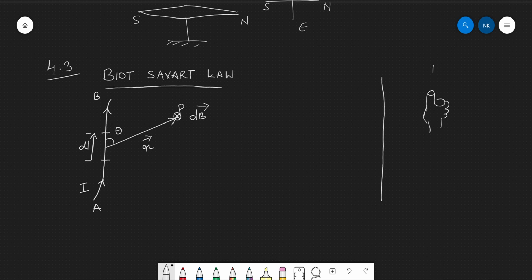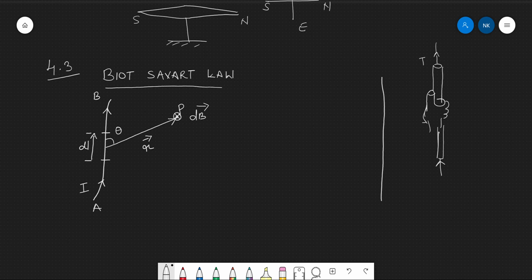You can't make a perfect diagram, so just assume that you are holding a wire that is carrying a current of I ampere.